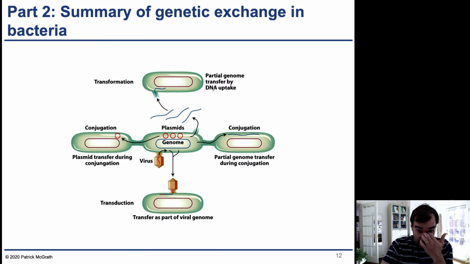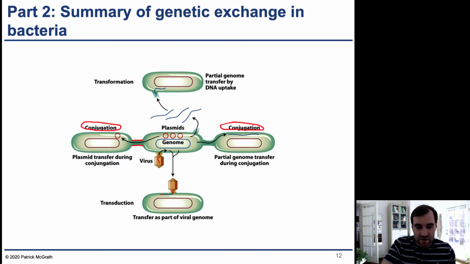And so how does genetic information exchange between different bacteria? There are three primary modes that we're going to talk about. First, conjugation, and there are actually two different ways we're going to talk about conjugation, but they both utilize the same process. And that is where DNA is actually exchanged across a bridge called pili.